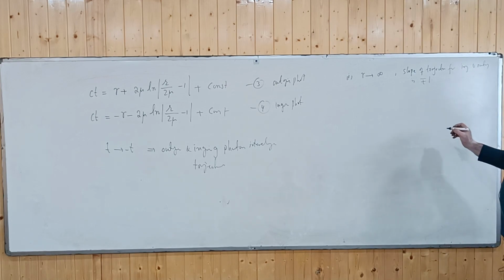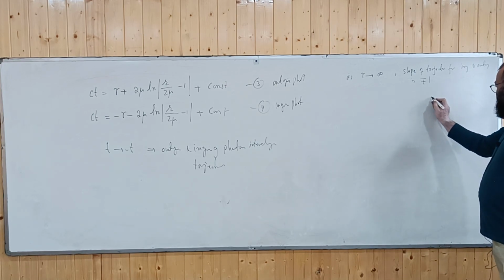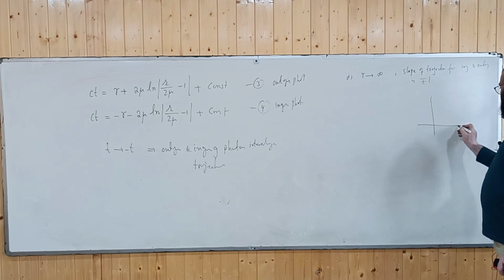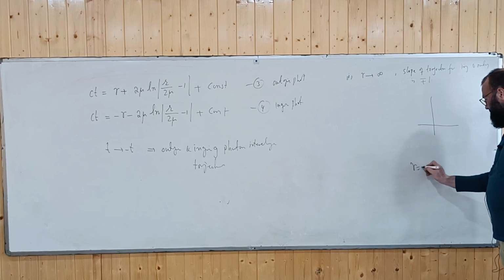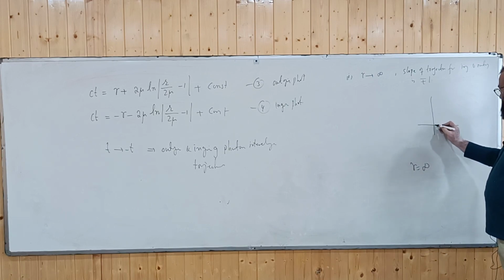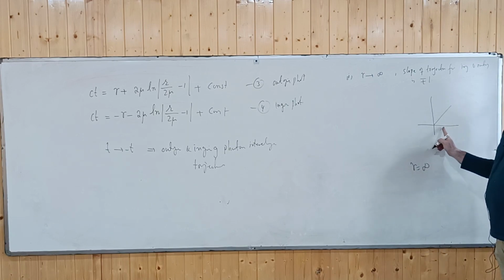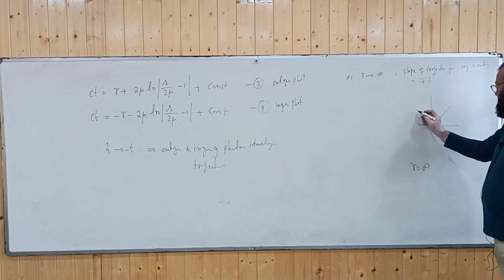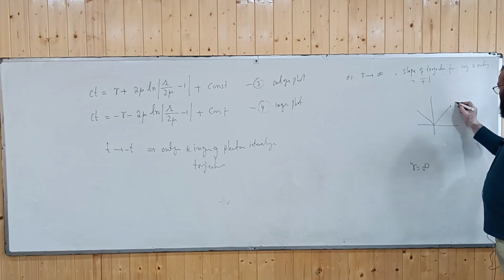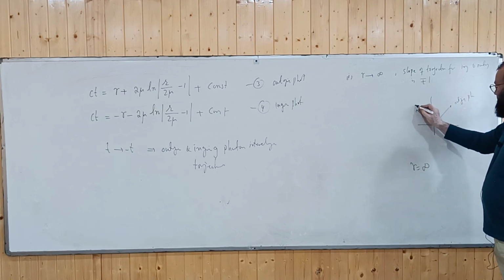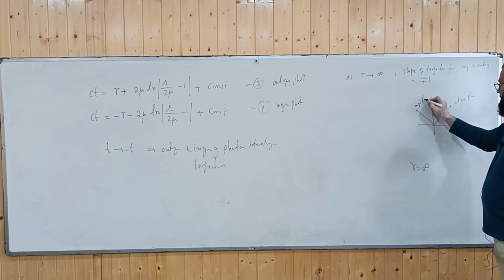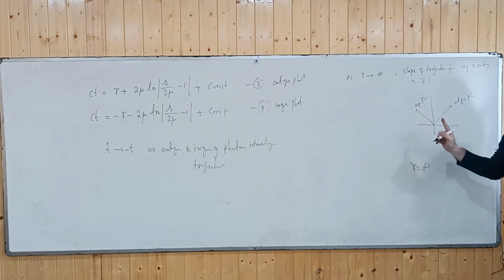So what does that mean? Suppose at infinity, let me draw the full diagram. Let's say it is at r equal to infinity. So what will be the slope? Plus 1. So like this, it's at 45 degrees, and like this, it's also at 45 degrees. So this is our outgoing photon, and this is the ingoing photon, because this has slope minus 1.